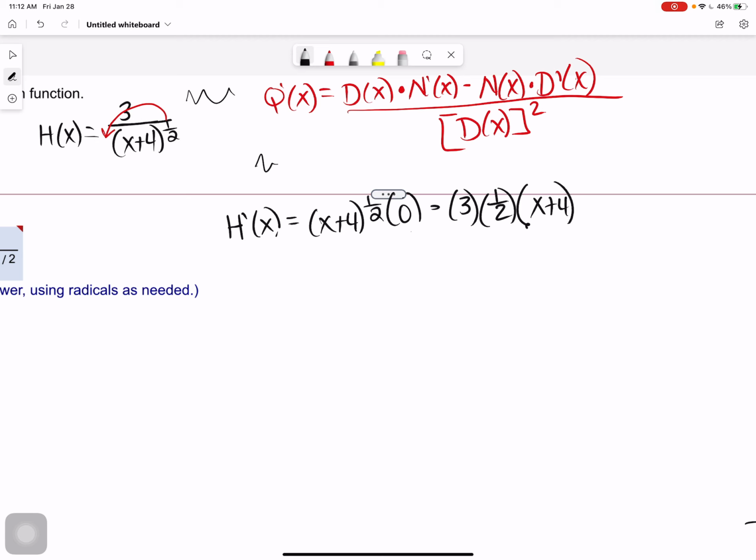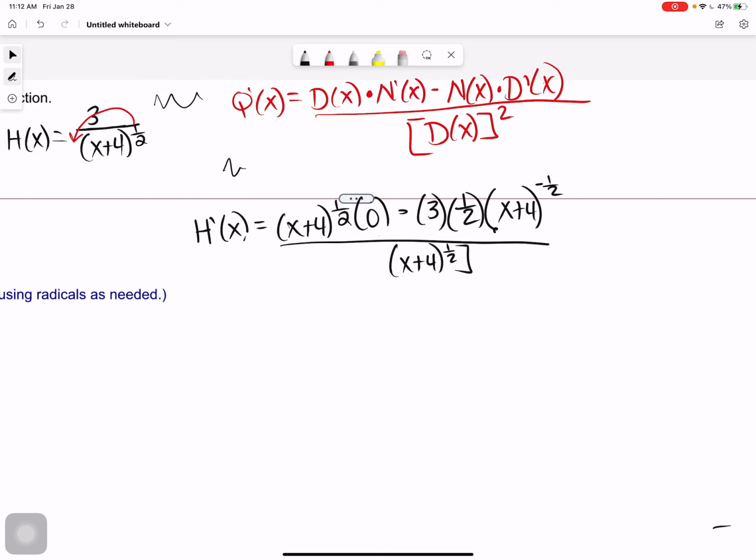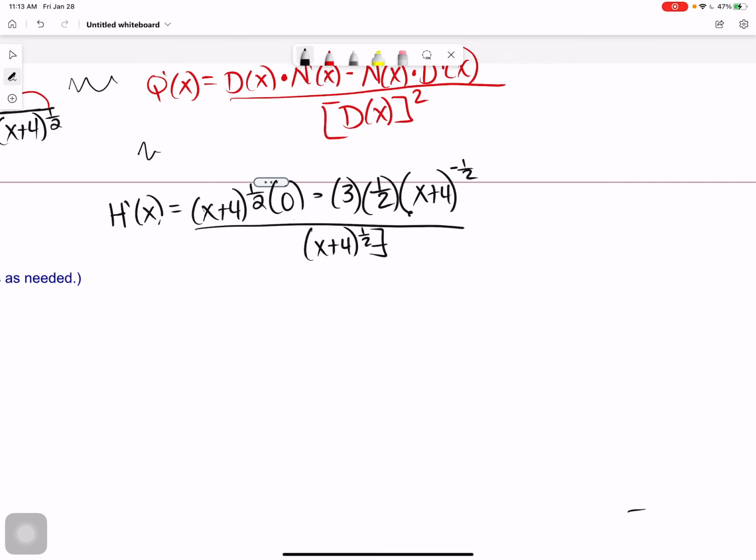And then we have to subtract 1 from that exponent. So 1/2 minus 1 leaves us with a negative 1/2. So that's the top times the derivative of the bottom, all over the bottom expression. It's the x plus 4 raised to the 1/2 power, but we're going to square that.